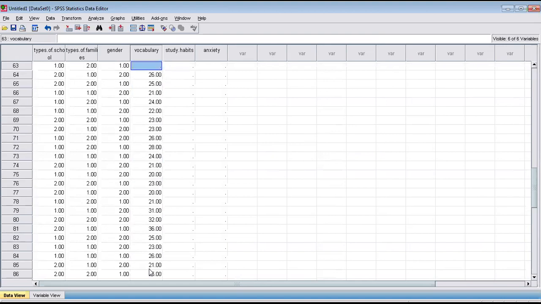So you can enter whatever data you have. By chance, if you have conducted some research and if you have the data of that research, so you can analyze along with me.